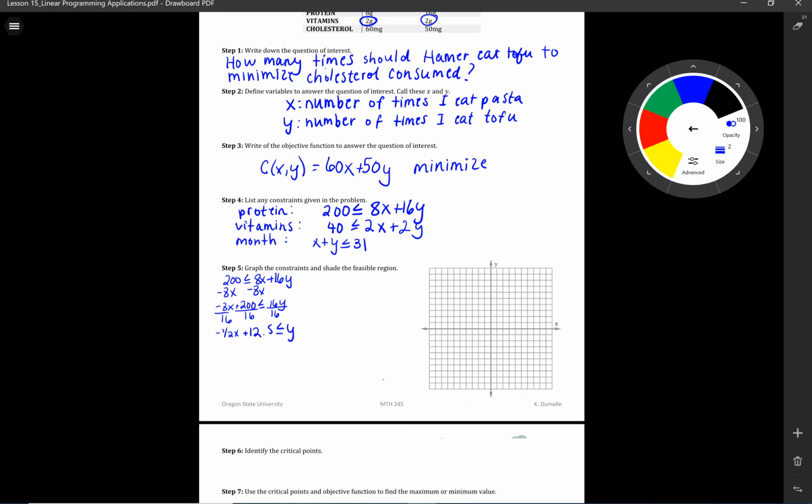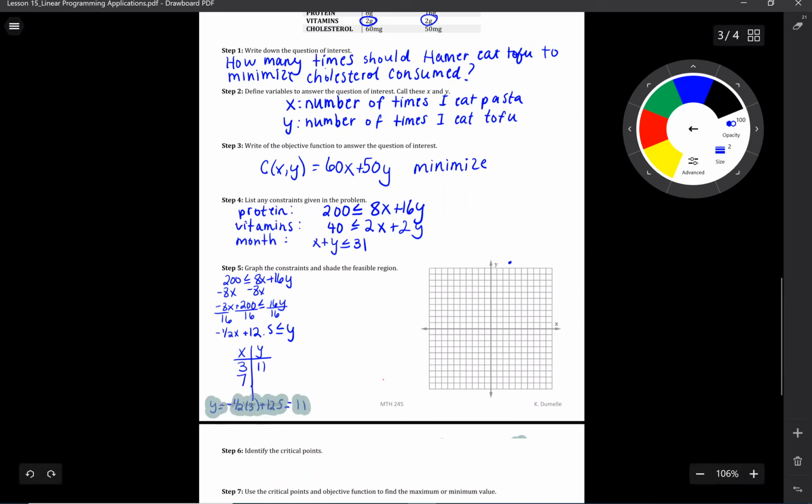So let's plug in some points here. Let's see what happens if I have x equals 3, for example. This gives me y equals negative 1/2 times 3 plus 12.5, which is equal to 11. So I have the point (3, 11). And then let's say I have the point x equals 7.